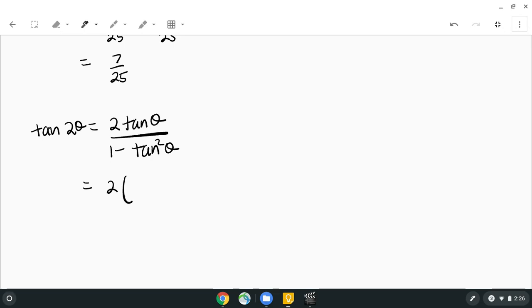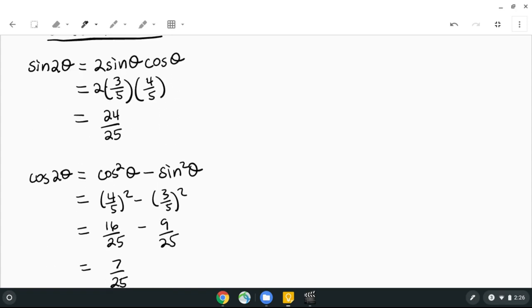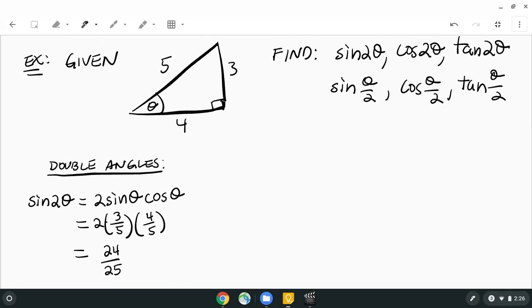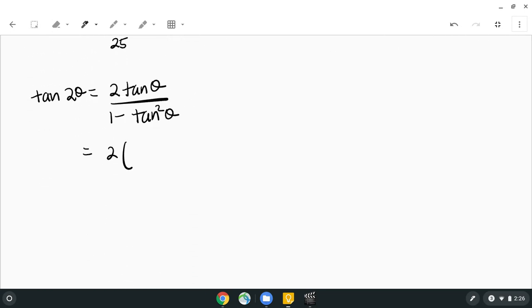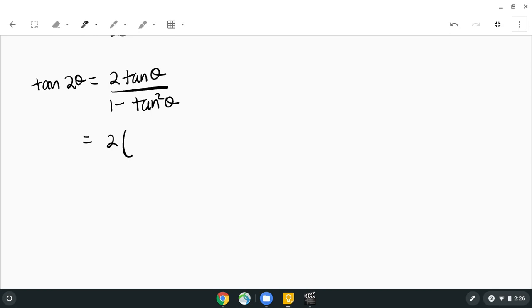So we're going to get 2 times... if we look at the right triangle, tangent is opposite over adjacent, so that's going to be 3 over 4. So 2 times 3 over 4, over 1 minus 3 over 4 squared.